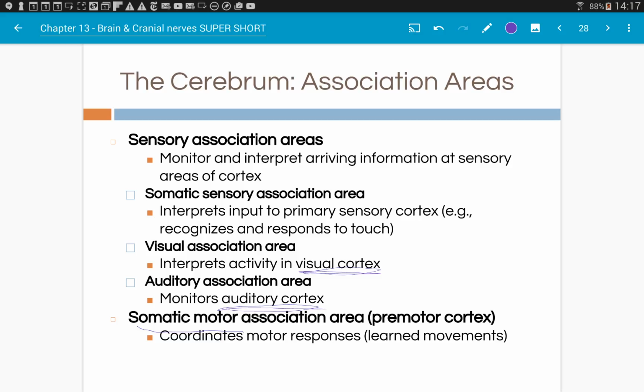Most importantly, I want to point out these motor responses in the association area are learned movements. These are not talking about reflexes.